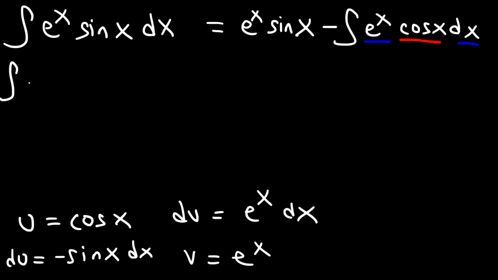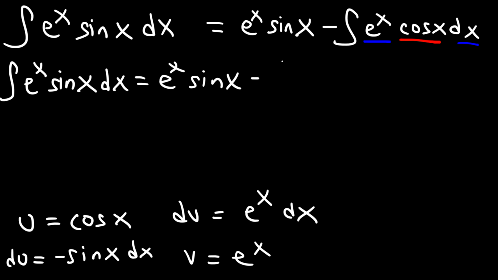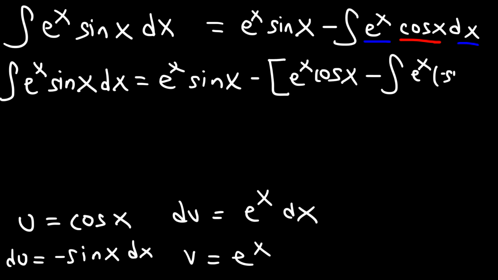So this is going to be the integral of e to the x sine x dx, and that's equal to e to the x sine x, and then minus, and then it's going to be u times v, so e to the x cosine x, minus the integral of v du. V is e to the x, du is negative sine x dx.